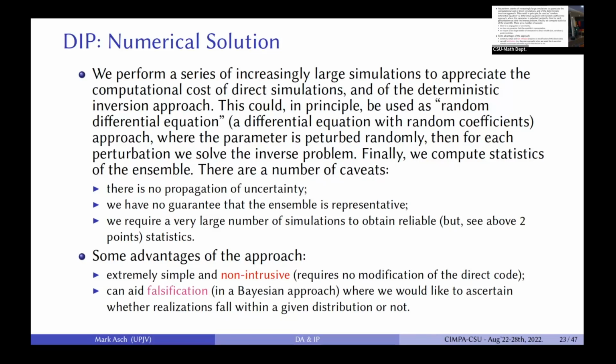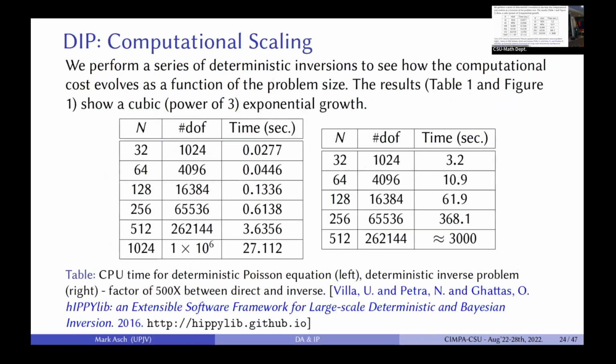So anyway, I just want to show you the difference in computational complexity. I solved this problem, the Laplacian problem. I did what are called deterministic inversions to see how the cost evolves as a function of problem size. I give myself the solution and I try to find m. This is for solving the Poisson problem, the direct problem.